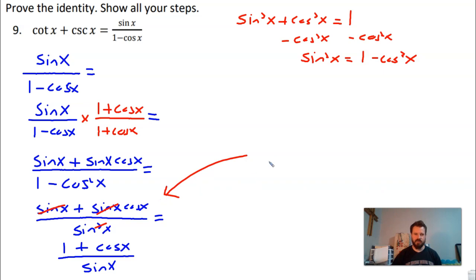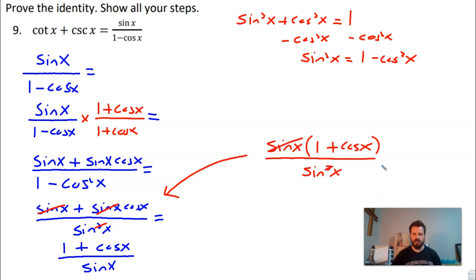Might not be a bad idea to rewrite that in a factored form. We could say sine of x times 1 plus cosine x over sine squared x. I think there it's a little more clear to see that I will still have a single sine x on the bottom. Not everything cancels.